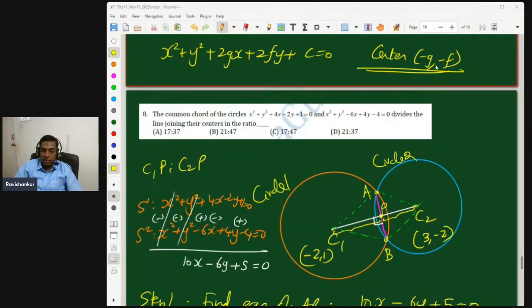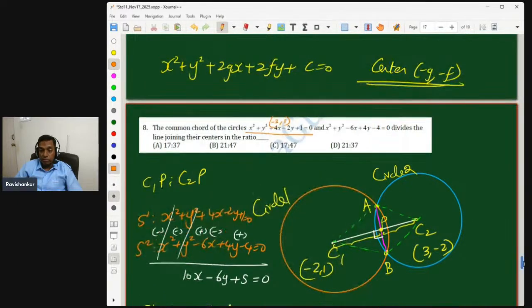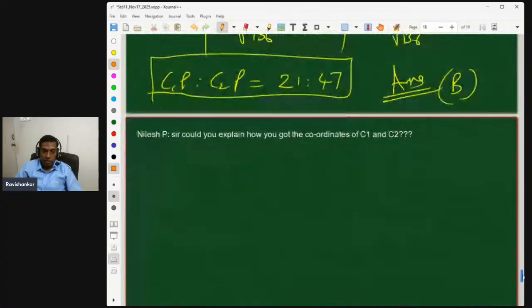The center is (-g, -f). So here, (-2, 1) is the center.